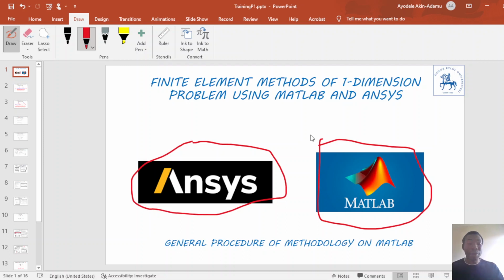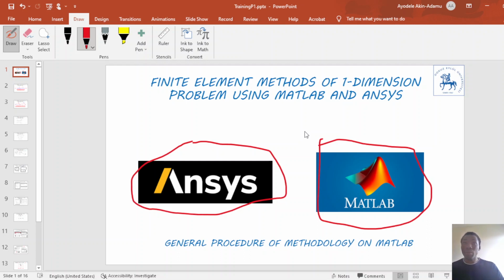A structural problem will be presented, then the numerical procedure will be explained and calculated by using MATLAB as a calculator. And lastly, the method and procedure of modeling and solving this problem will also be explained and demonstrated on the Ansys program.